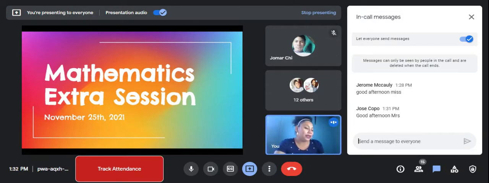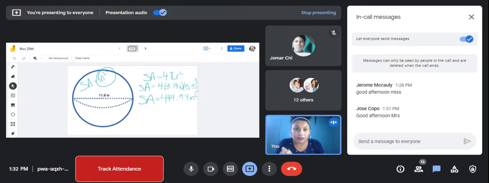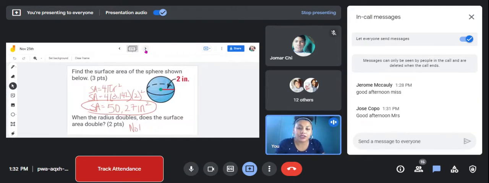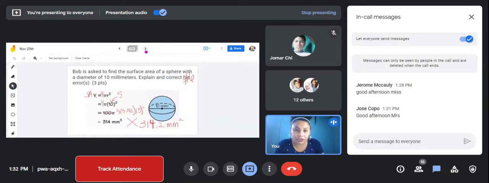As we were doing earlier today, we're going to continue with surface area, because that is a section that we have started. If I go to the Jamboard, we basically covered surface area of a sphere, and we managed to answer 2 questions from the worksheet.